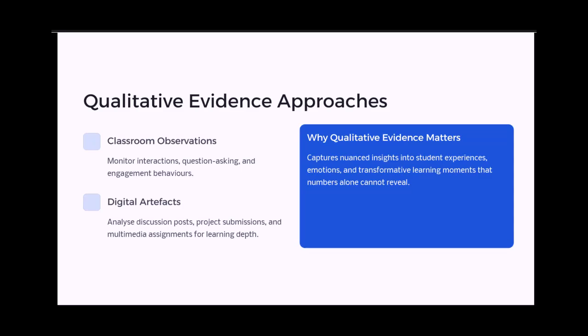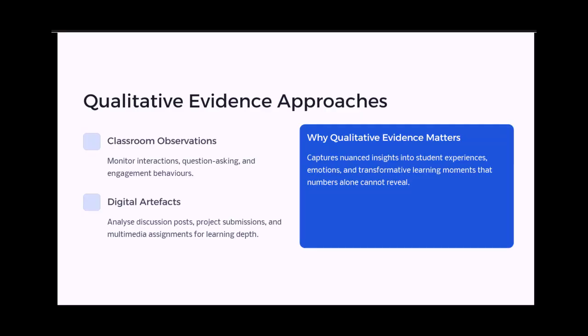The reason for using qualitative evidence is that it captures a little bit deeper into the nuanced experiences of students. So quantitative will tell you whether test scores have increased or not, whether students have spent a particular amount of time on particular tasks, or if they've made a lot of errors or not, but it doesn't tell you the why. And often qualitative evidence approaches tell you the why behind the story.